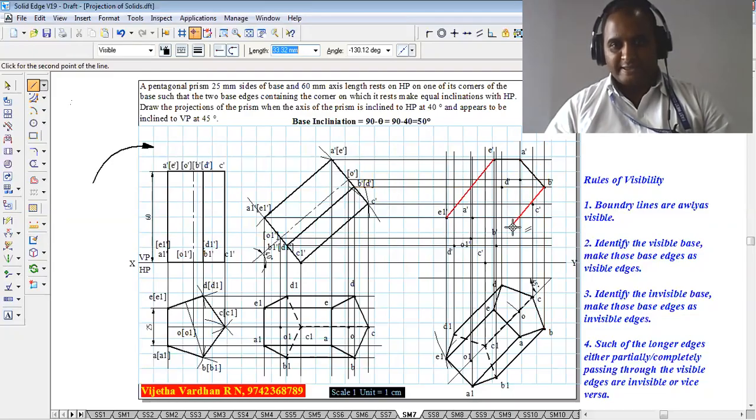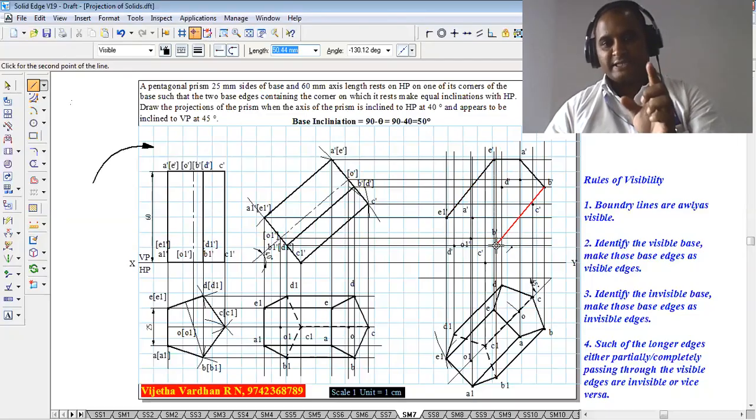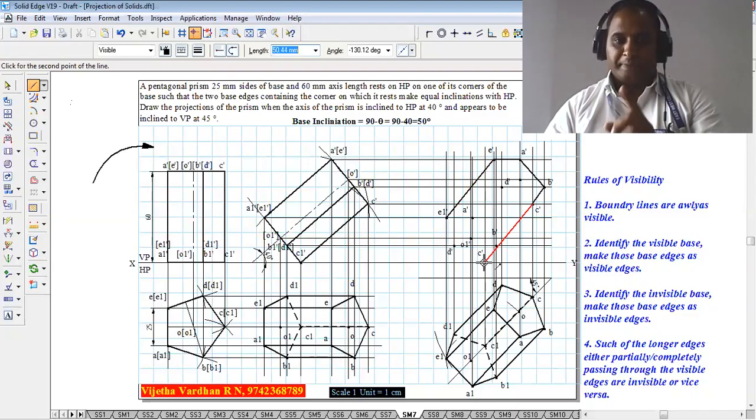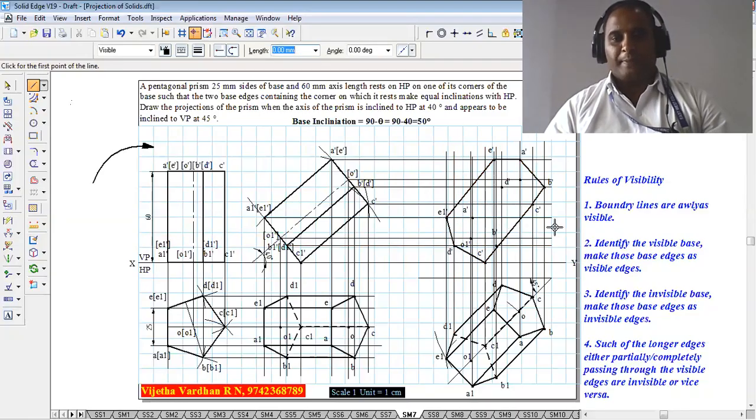Then whether it is C dash or B1 dash, you put the scale like this. You can say C dash is passing outside, so henceforth C dash is a boundary. Then whether it is B dash or C dash, when we keep the scale properly, you can see C dash is the boundary, not the B dash. In this way, you have to decide the boundary, and now the D dash is going to be the boundary, and then E1 dash is going to be the boundary.